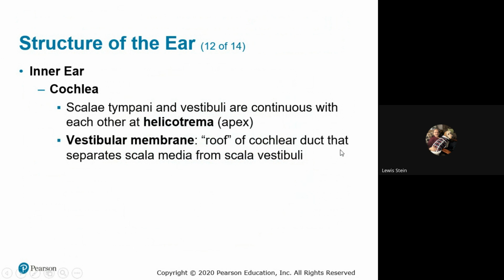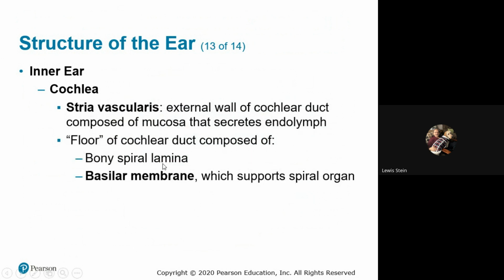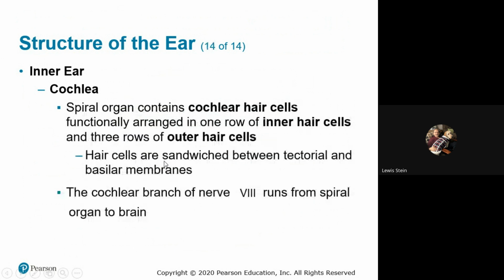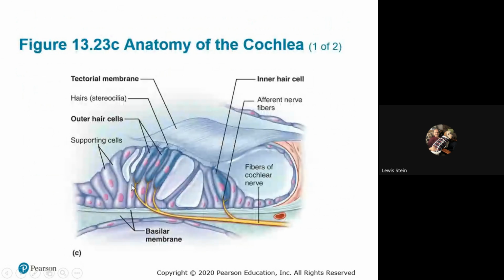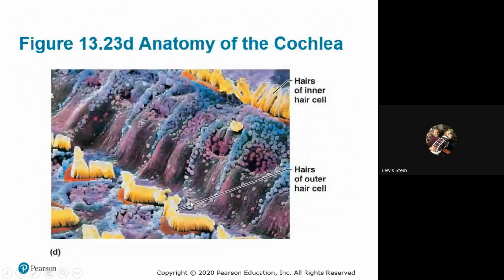So the media is the important part. There's vascular structures, etc. So you have inner and outer hair cells, which you'll see are really just a variation of microvilli that are between the tectorial and basilar membranes. This is a good look at what's happening. So you have inner hair cells, a variety of supporting cells, and outer hair cells.